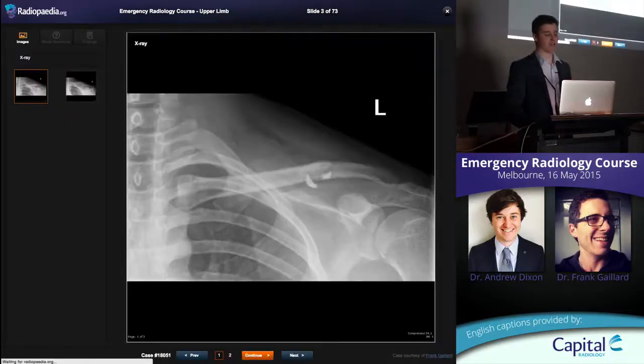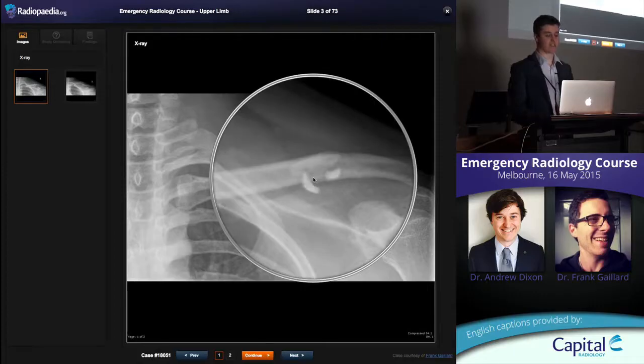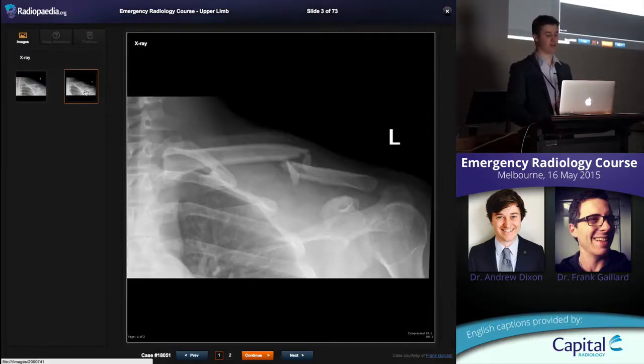One technical point to know about the clavicle is that you can often get a view where it doesn't look very displaced, but you need to do a tilted view to expose how much displacement there really is. But that's pretty much the only little trick with clavicle fractures.